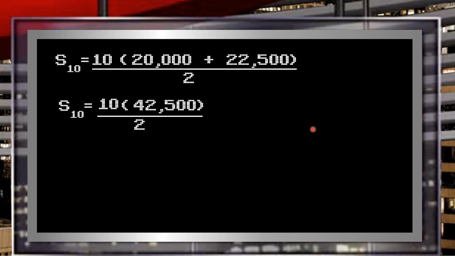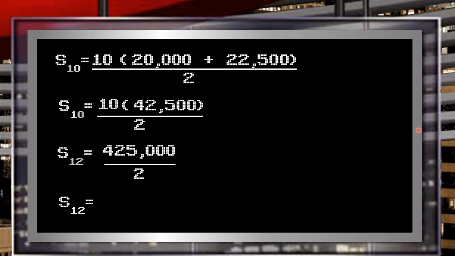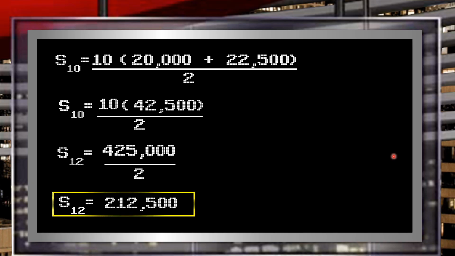So, we have S sub 10 is equal to, when you multiply 10 times 42,500, we have 425,000 divided by 2. So, ang sum natin, when we divide 425,000 divided by 2, the answer is 212,500. So, that is the total face masks that the Hope Foundation donated after 10 days.